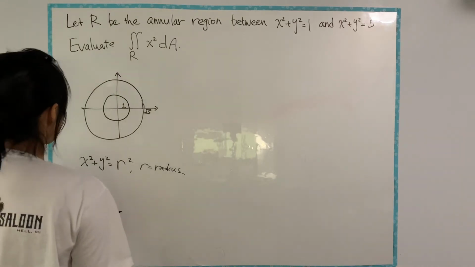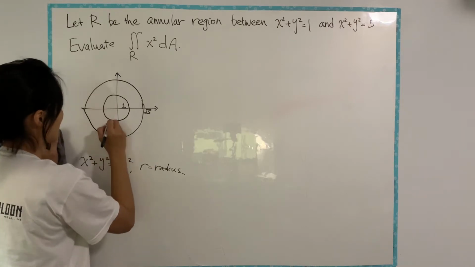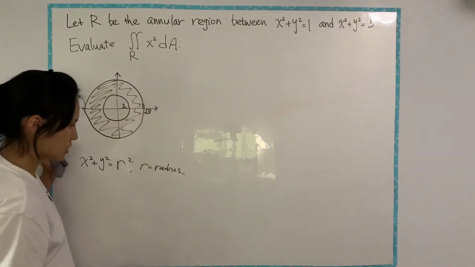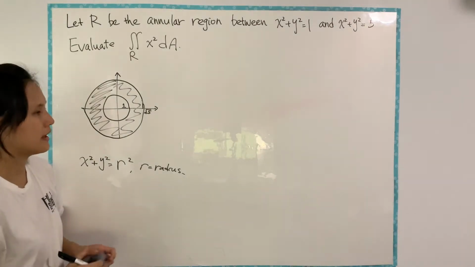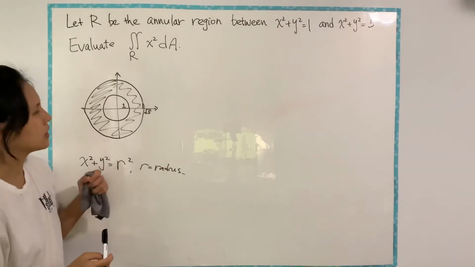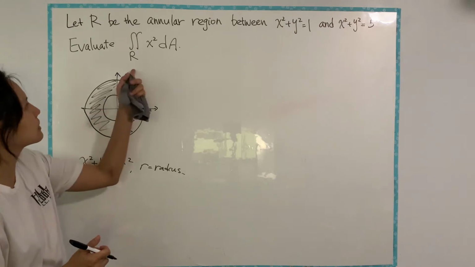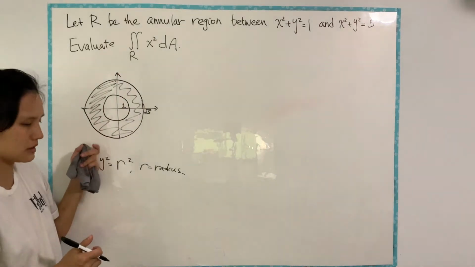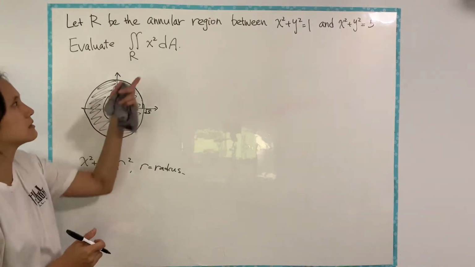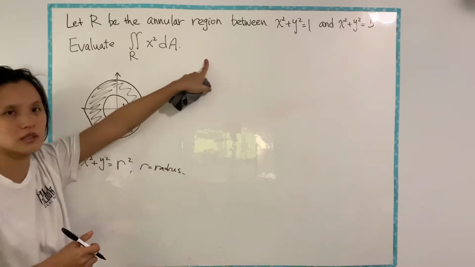All right, so this is the region R. And from Fubini's theorem, we know that if I can write R in terms of inequalities of x and y, then I can evaluate this double integral using iterated integrals.